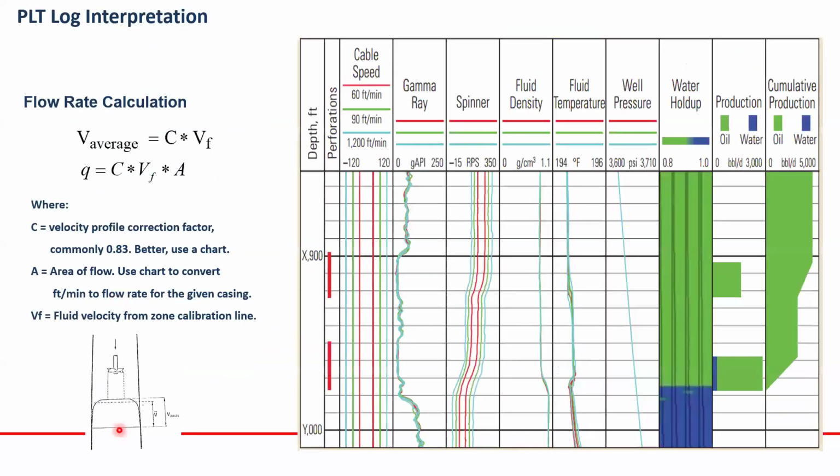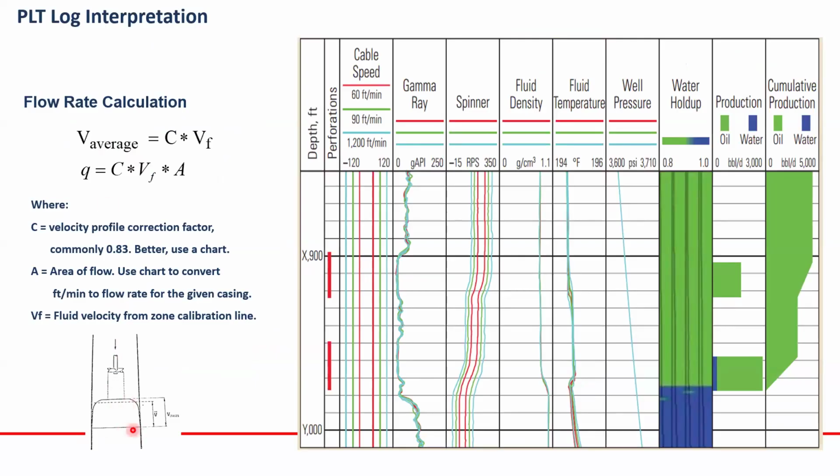This is some sort of calibration. Velocity of the spinner, there is an average velocity. Why? Because if the fluid is going in this direction, it means that it's the maximum speed or the maximum flow at this one, and there is less flow, less energy or force on this part.